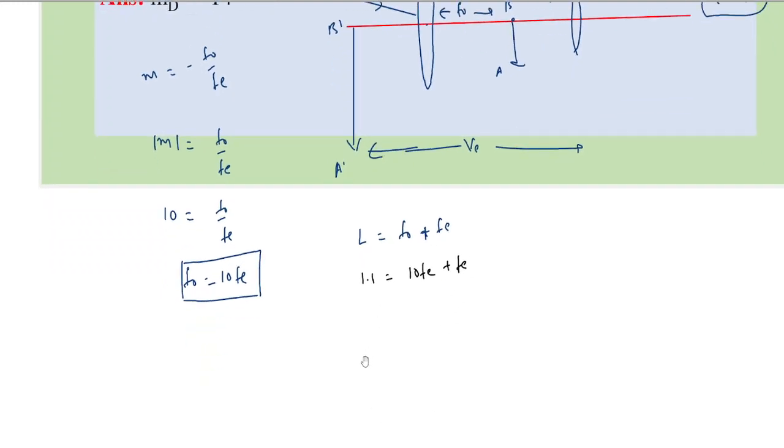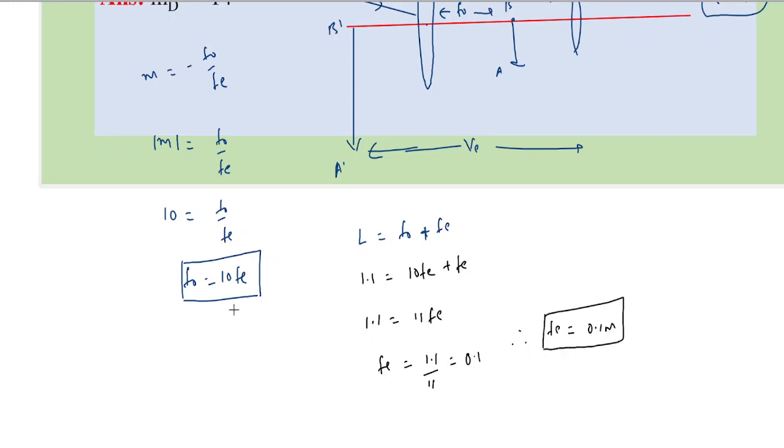That implies 1.1 is equal to 11 times fe, or fe is 1.1 by 11, that is equal to 0.1. It would be in meter because L is in meter, so fe is equal to 0.1 meter.